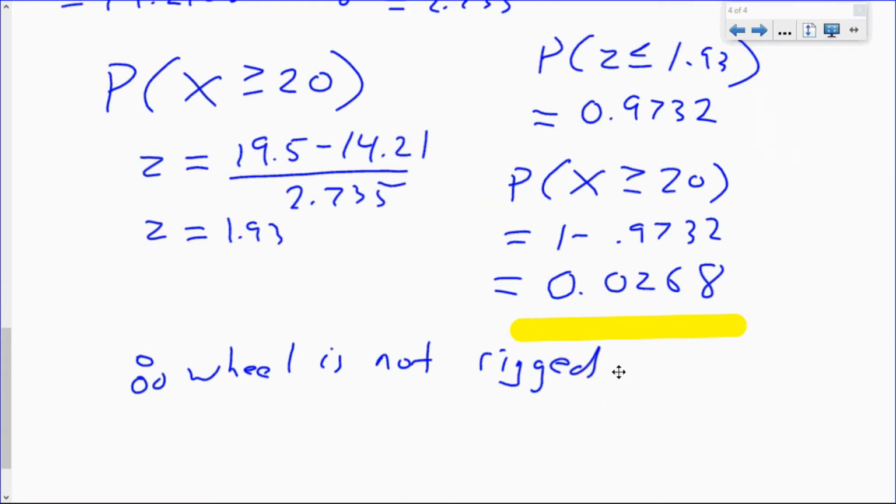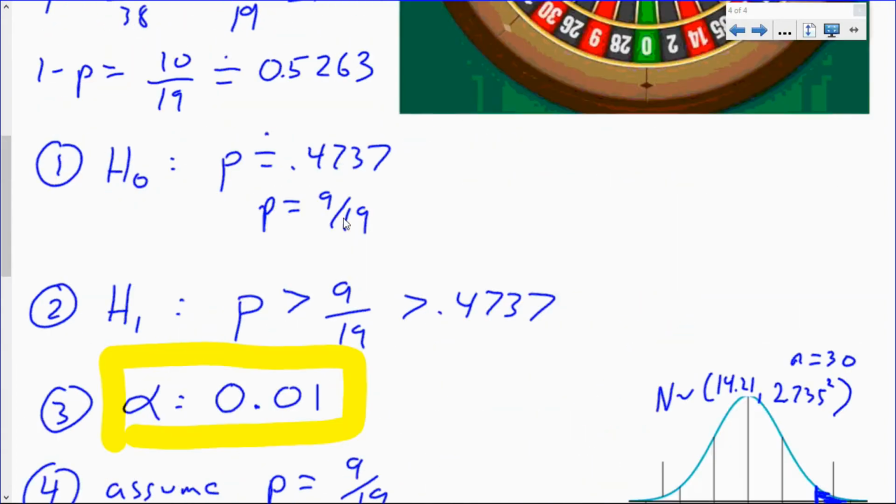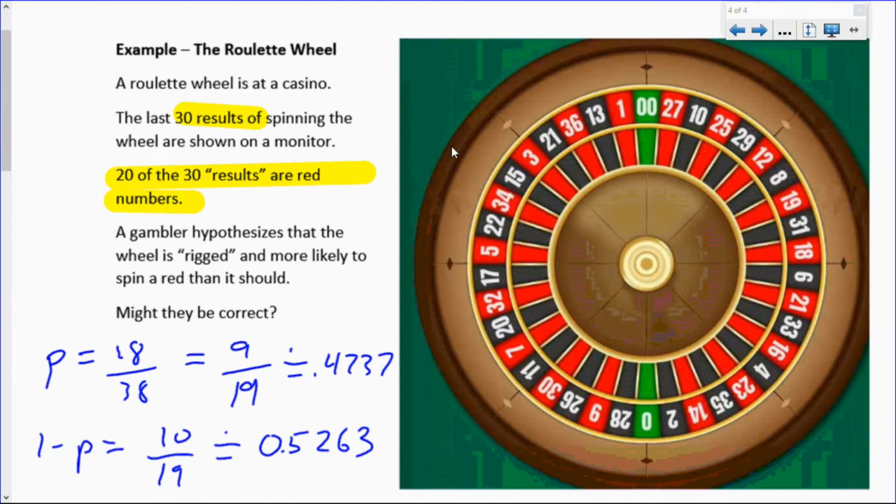And we would say, according to our significance level, the wheel's not rigged. We keep H naught, we keep the null hypothesis, and say the probability is in fact equal to 9 out of 19 that you get a red, that it's not more likely to give a red. There's not enough evidence. This 20 out of 30 is not statistically significant.